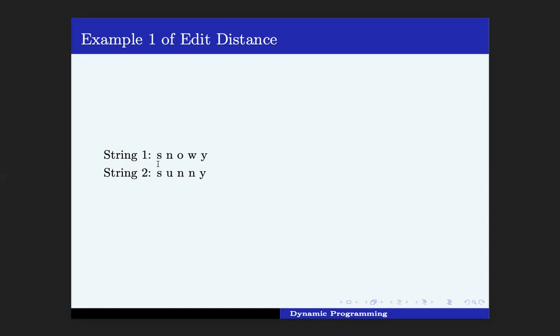When you convert one to the other, if you add it, you have to delete it the other way. It's the opposite of each other, so it's reversible. What is the first string and what is the second string doesn't really matter that much.